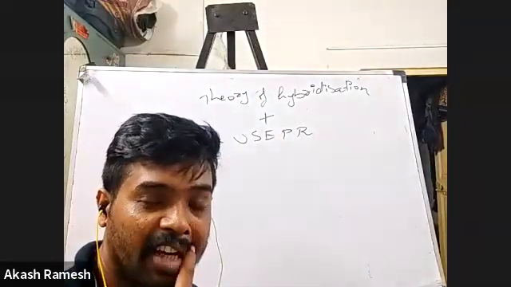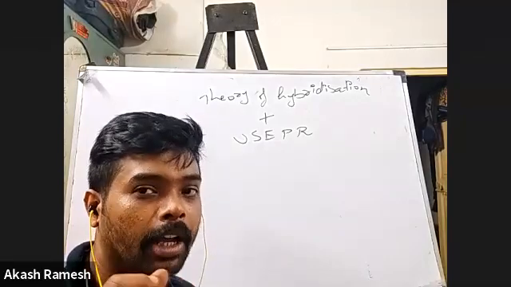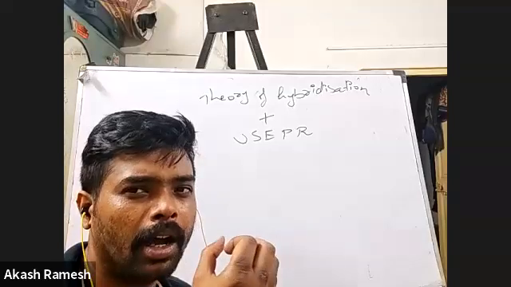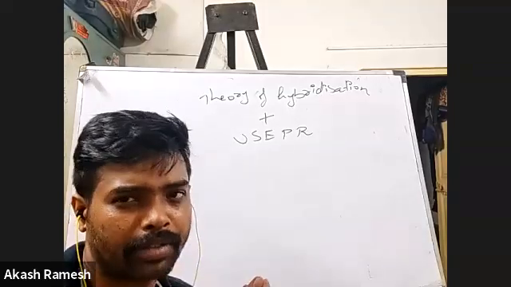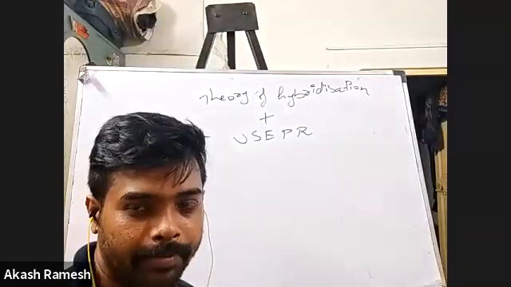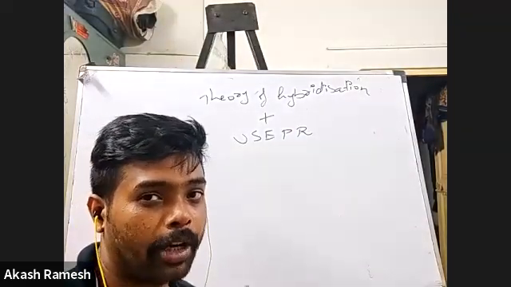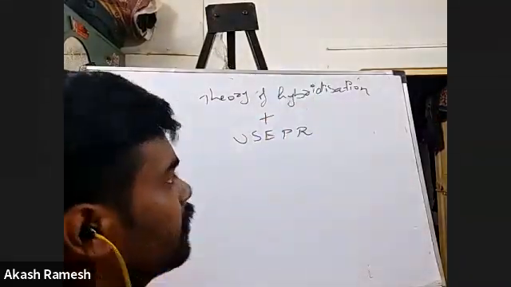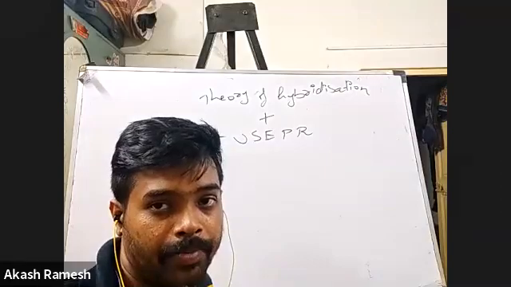Now this theory of hybridization is going to overcome the problem we saw in VBT. Exactly. So basically, in case of carbon, according to VBT, only 2 bonds can be formed, right? But in reality, I know that it forms 4 bonds, right? So those kinds of problems are overcome in the theory of hybridization. Okay.